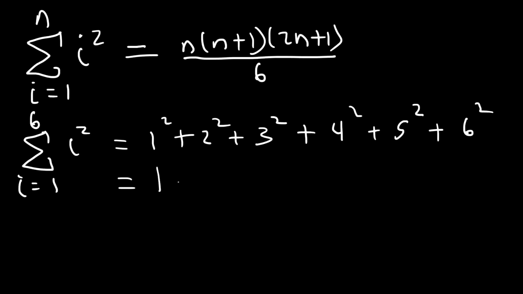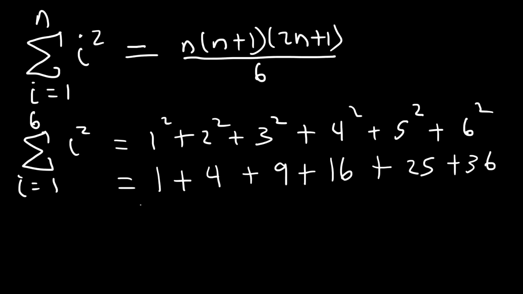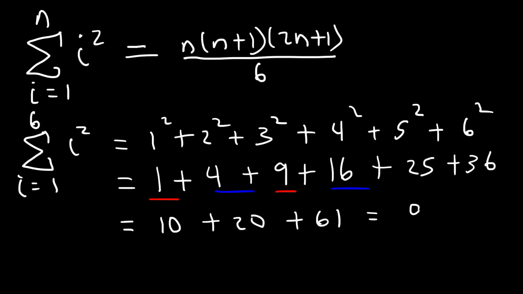So 1 squared is 1, 2 squared is 4, 3 squared is 9, 4 squared is 16, 5 squared is 25, 6 squared is 36. Now if we add 1 plus 9, that's going to give us 10. And then if we add 4 and 16, that's going to give us a nice number, that's 20. And 25 and 36, 20 and 30 is 50, 5 and 6 is 11, so that's going to be 61. 10 plus 20 is 30, plus 61, that's 91.